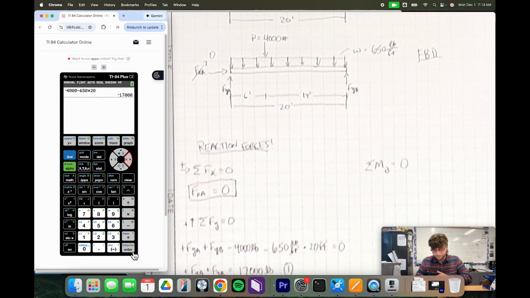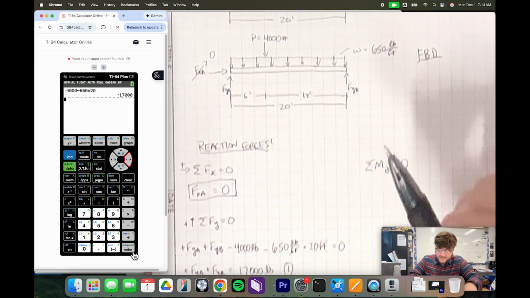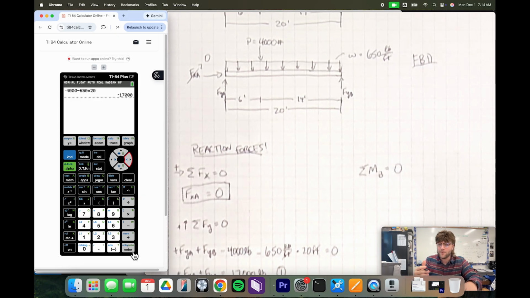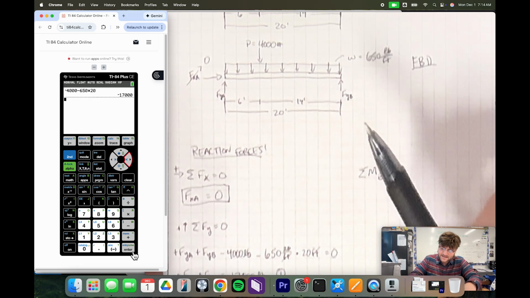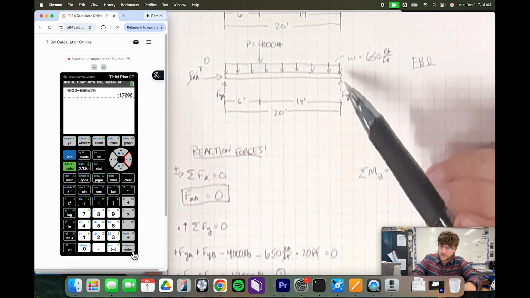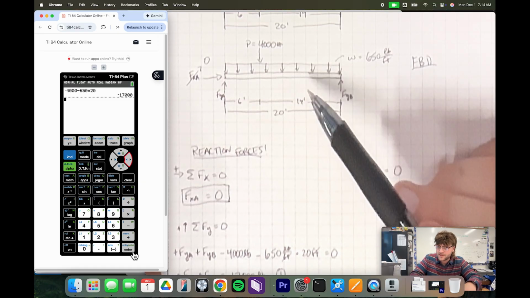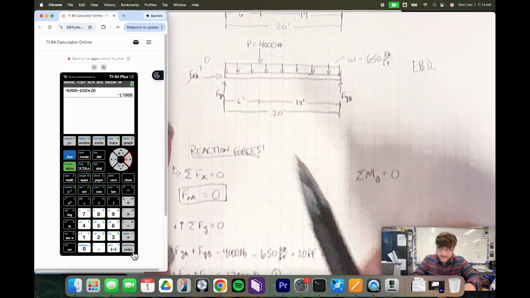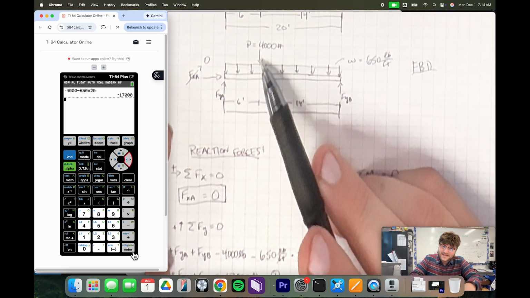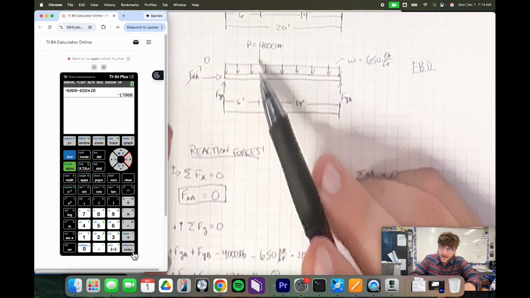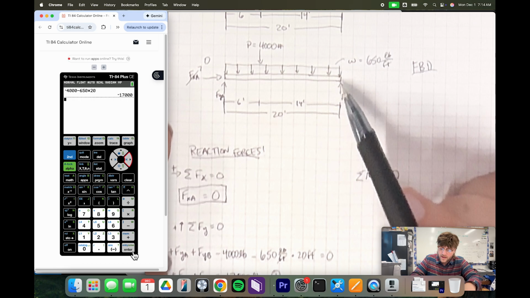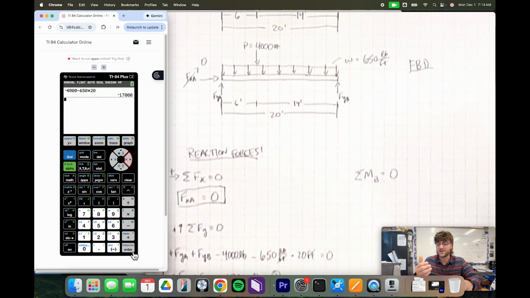All right. So we can get ready to begin with this. Just as we were saying, a moment is a force times a distance. Now, the distance that we're going to be talking about is the distance from point B to that particular force. So what we've got here is this force of 4,000 pounds, and that is 14 feet away from point B. What we additionally want to do is take into consideration the right-hand rule.